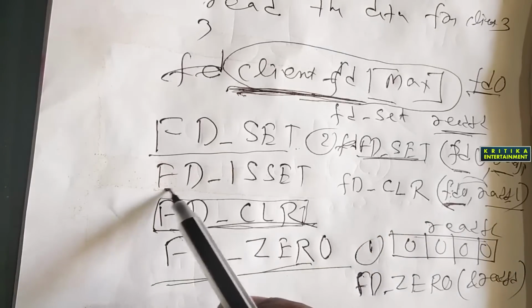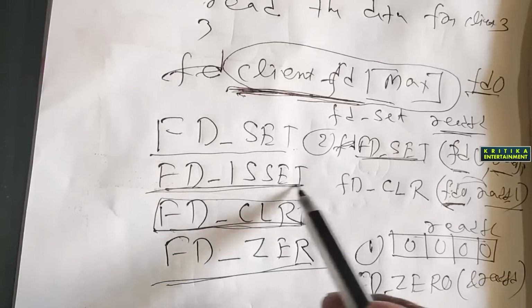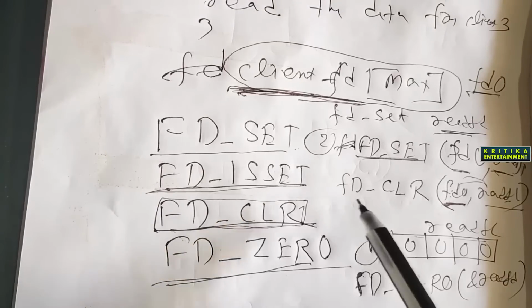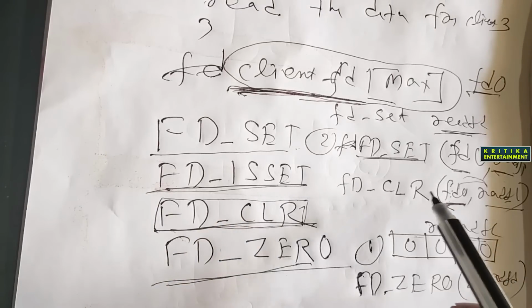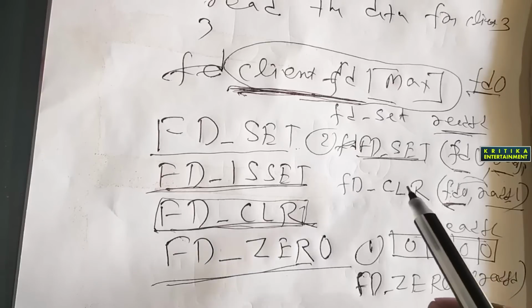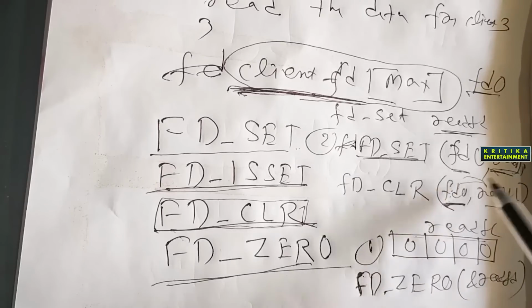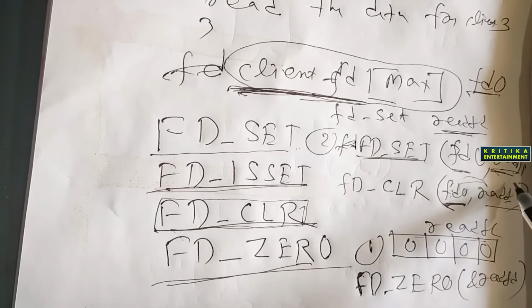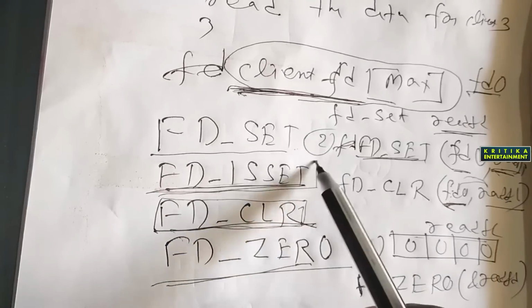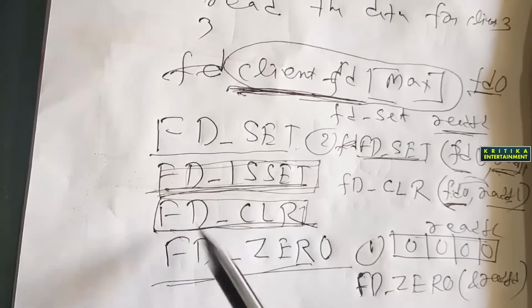And what is FD_ISSET? FD_ISSET is used to check whether this FD has some data and whether this FD is residing inside the read FD set or not. If this is available in the read FD set, and some data is available in this FD, then FD_ISSET will be true and you can write the function.